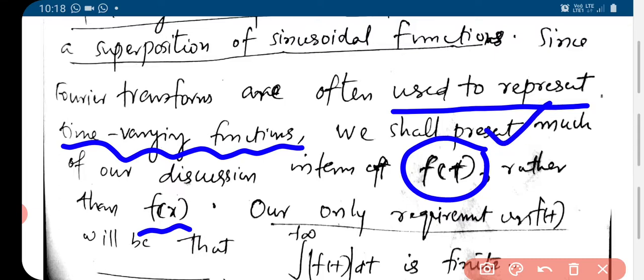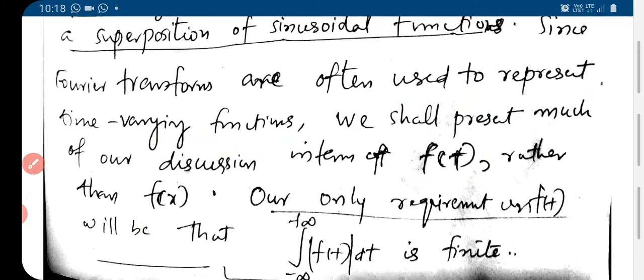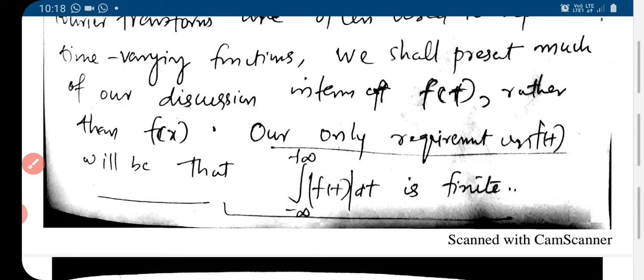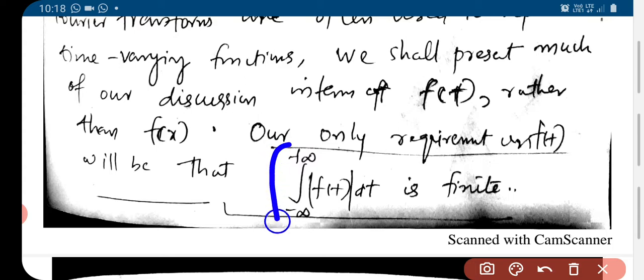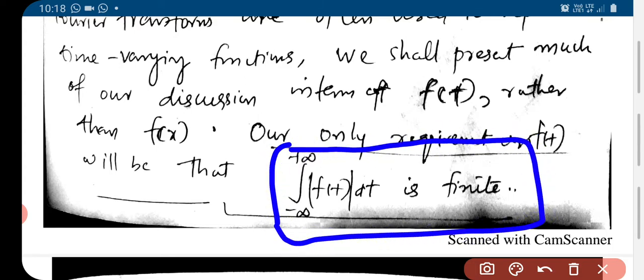So we are finding the Fourier transform of f of t, instead of the Fourier series of f of x. The only requirement for f of t is that the integral from minus infinity to plus infinity of f of t dt is finite. So this has to be finite.